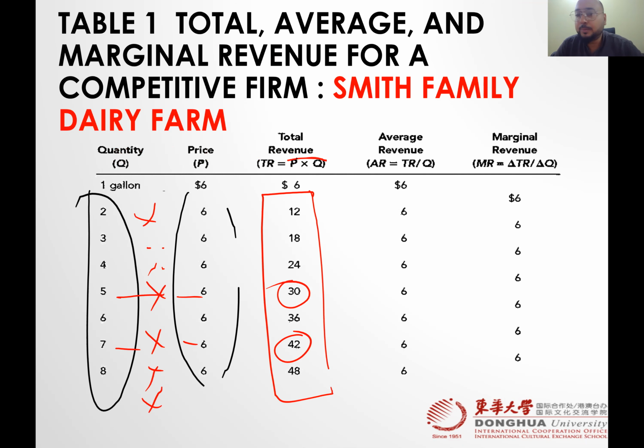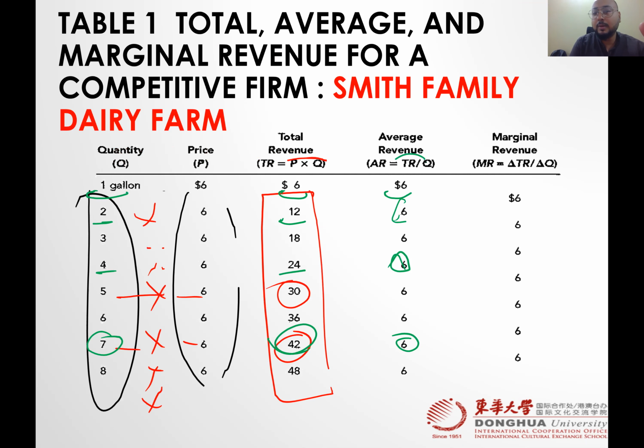What is average revenue? Average revenue is equal to total revenue divided by the quantity. So where did this 6 come from? 6 divided by 1. Where did this 6 come from? 12 divided by 2. Where did this 6 come from? 24 divided by 4. Where did this 6 come from? 42 divided by 7.